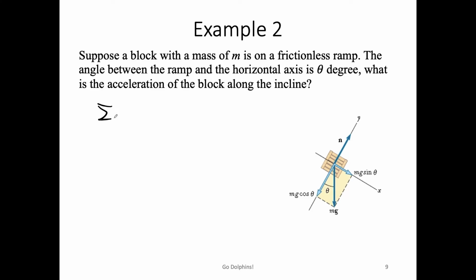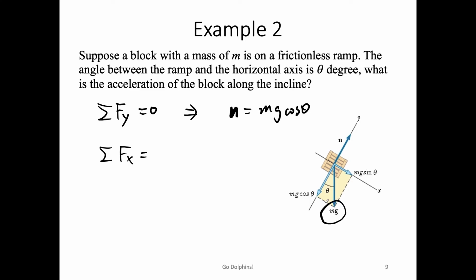So net force in the y direction has to be 0, which easily gives us N equals mg cosine theta. Now, net force in the x direction is not 0. Only mg has an x component, so the net force in the x direction is simply mg sine theta.